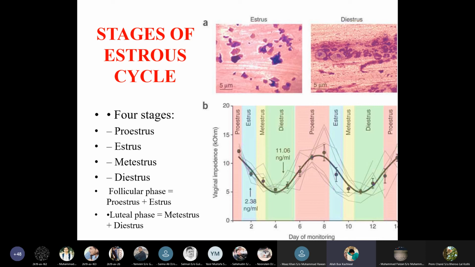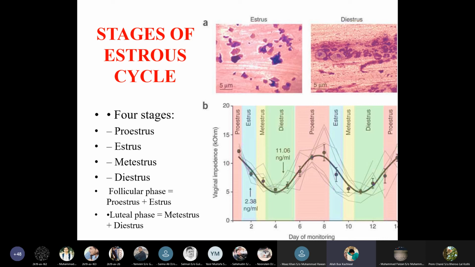The proestrus starts, in which mostly the vaginal impedance reduces. Then metestrus has a hormonal imbalance, and estrus has a peak of estrogen level.